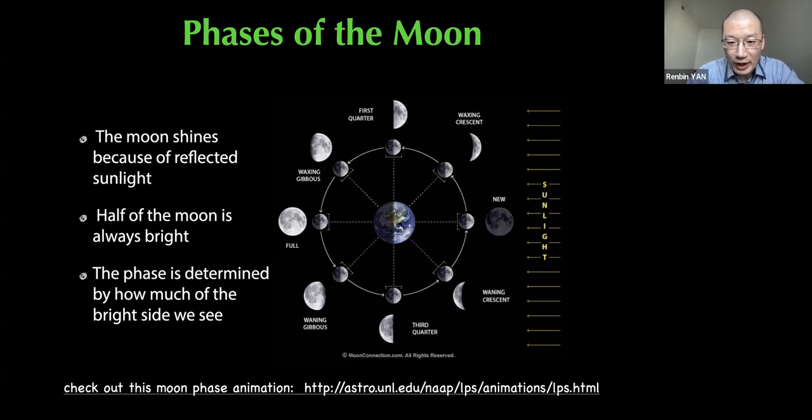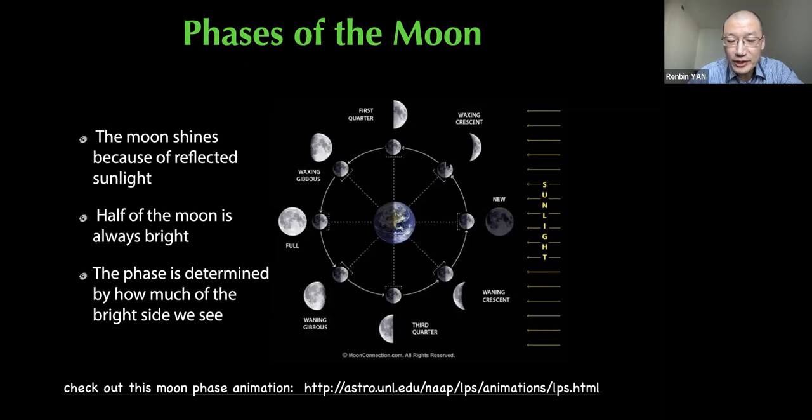And so if you have the Earth here, one half of the Earth is bright because this half is shined by the sun. So we have daytime on this side of the Earth and nighttime on that side of the Earth. And the moon is going around the Earth, right?